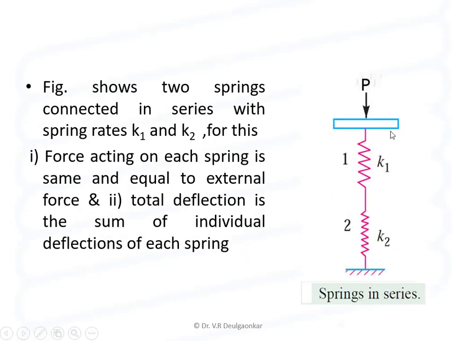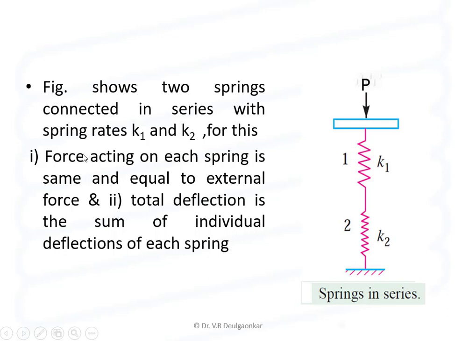Then we see this diagram, in which springs are connected in series. The figure shows two springs connected in series with the spring rates, that is individual stiffnesses, as K1 and K2.